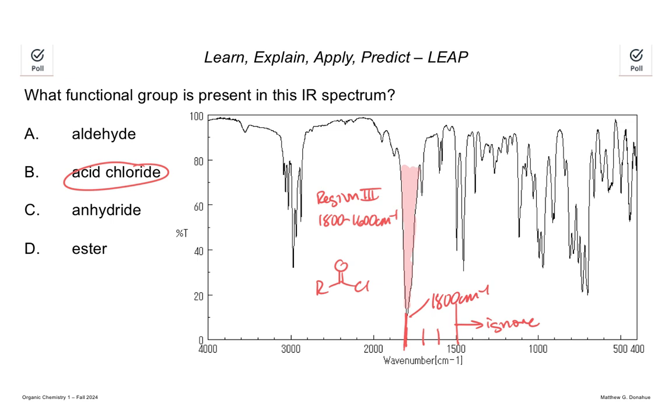So we've seen over the past couple slides, even though there is a carbonyl stretch, between that region 3, where it lies, and maybe some other associated factors, you can differentiate them.